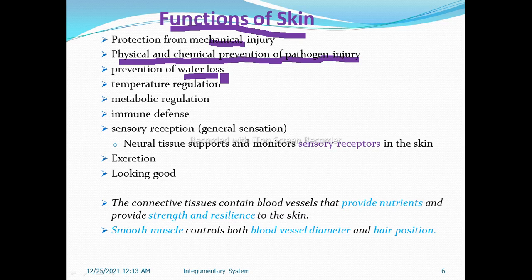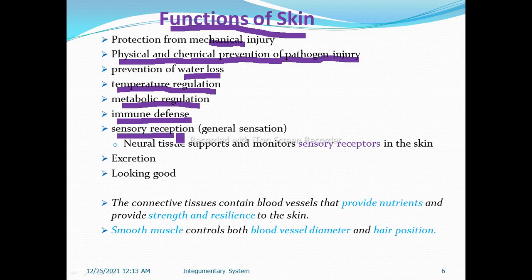The other is temperature regulation, through sweating. The other is metabolic regulation, and skin is also used for immune defense: it contains specialized cells for immune defense.